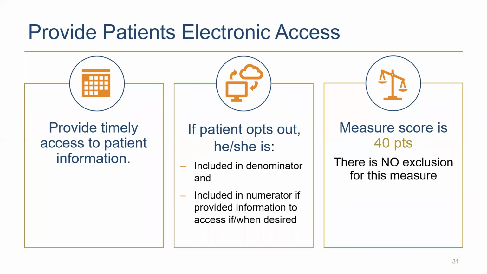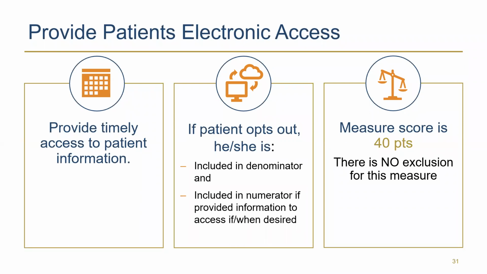Timely access to patient information requires the clinician to provide patients with electronic access to their health information within 4 business days. You may not get all patients signed up for your patient portal, but the measure specification states when a patient possesses all of the necessary information needed to access their information.